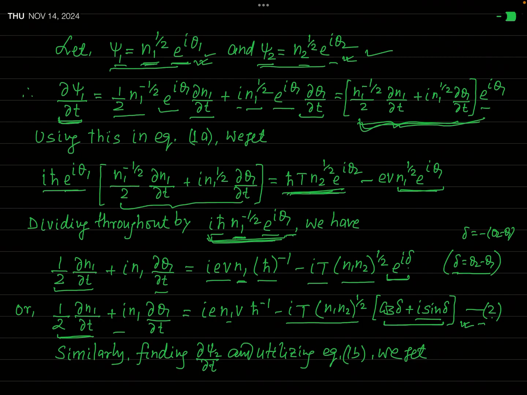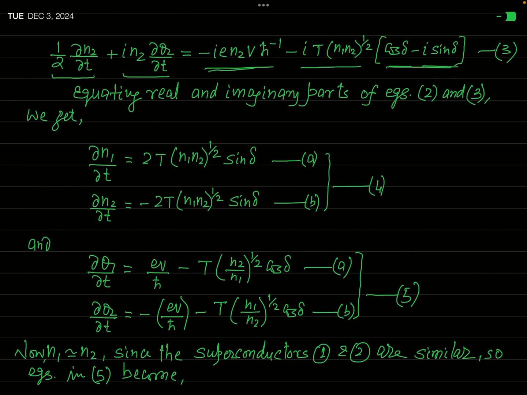So the real term will be T times root n1 n2 times sin δ. So ∂n1/∂t is equal to, since there was a 1 by 2 factor, that 2 has been multiplied here, 2T times the square root of n1 n2 times sin δ.